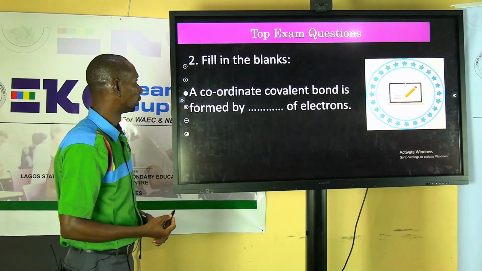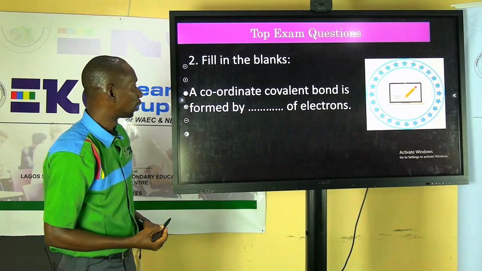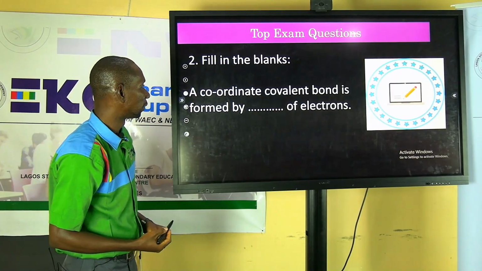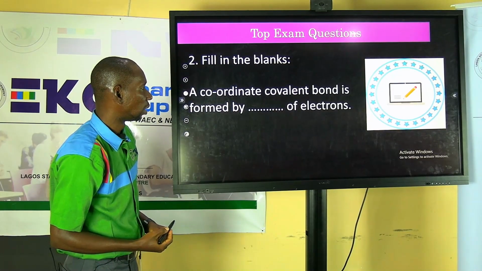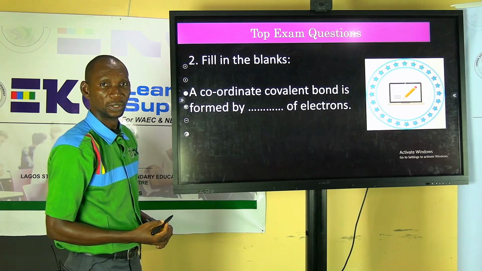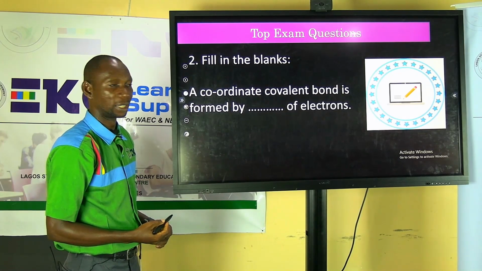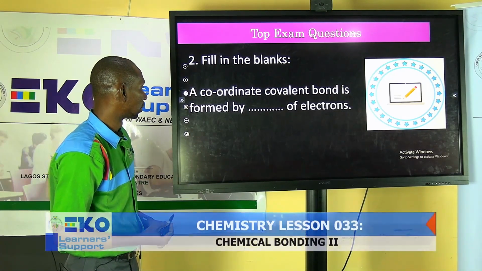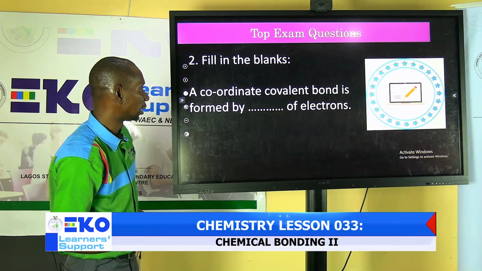Let's look at the next one. Fill in the blanks. A coordinate covalent bond is formed by dash of electrons. What do you think the answer is? It's formed by dash of electrons.